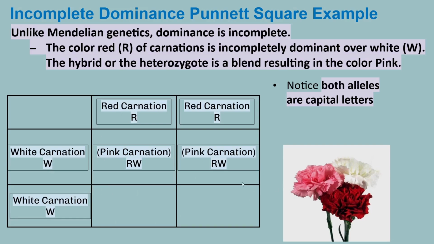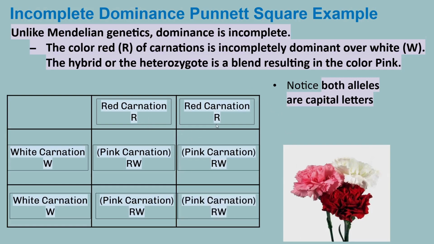Finally, for these two, you bring them over and across. You get R and W, again a pink carnation since it has two alleles that exhibit incomplete dominance. And the last one, R, W. Again, a pink carnation.